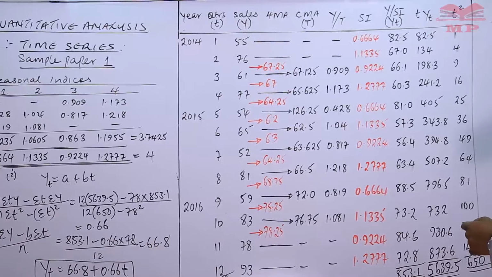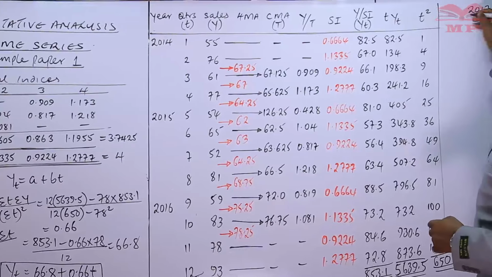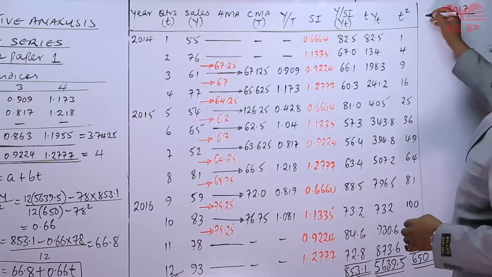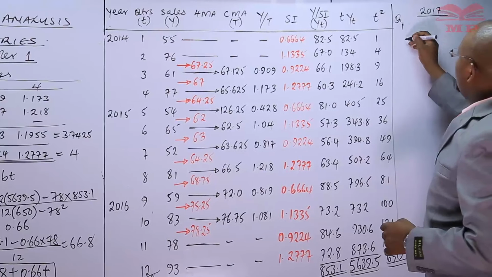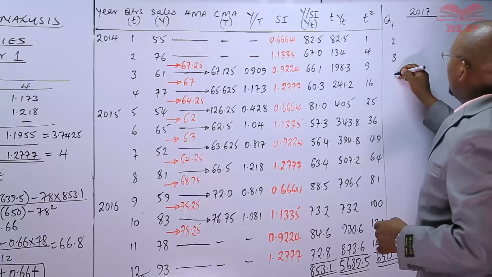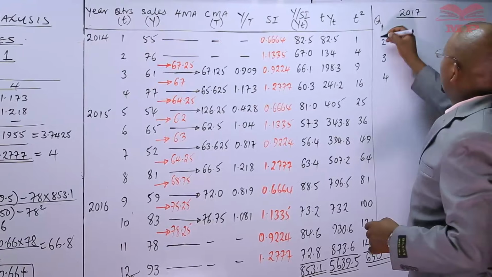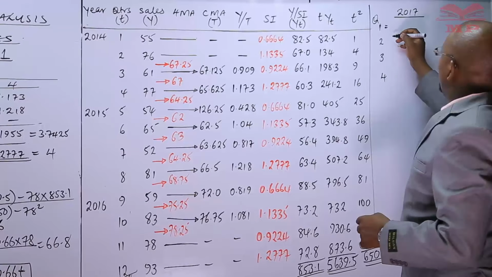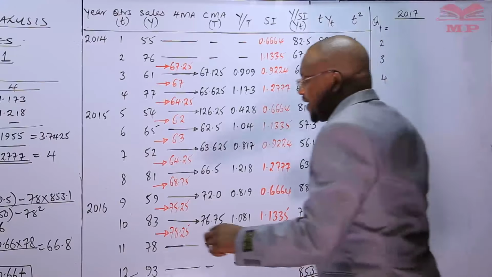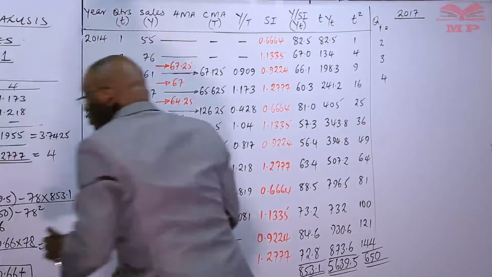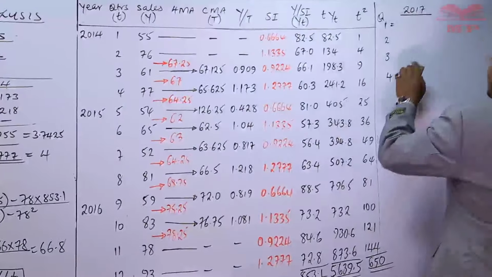This is for 2017. We have quarters 1, 2, 3, 4. So first of all, let me indicate clearly, we'll get what we call the deseasonalized data, then we adjust for the season.